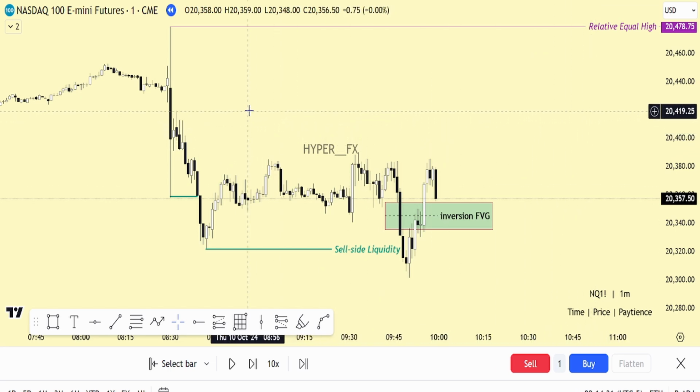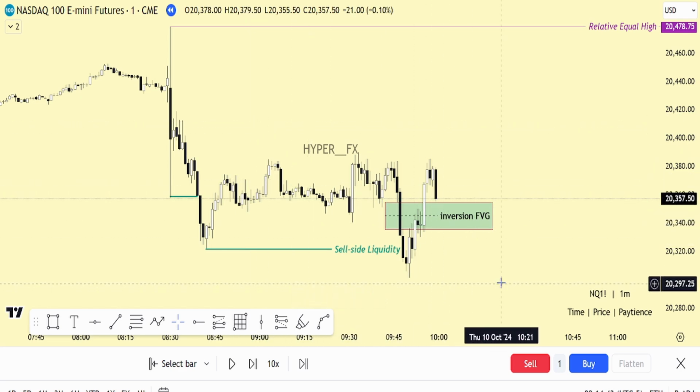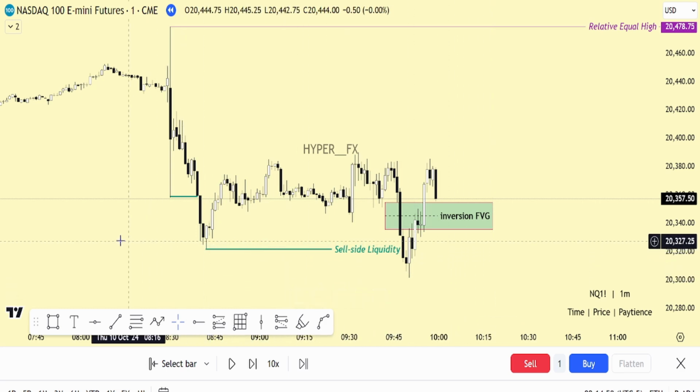But when I got to learn about relative equal highs and lows, I had already done about 50% of the job. What I'm teaching you here is how to do 50% of the job any day you come to the chart: knowing exactly where price is going by framing a bias.